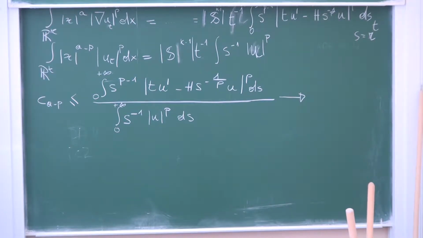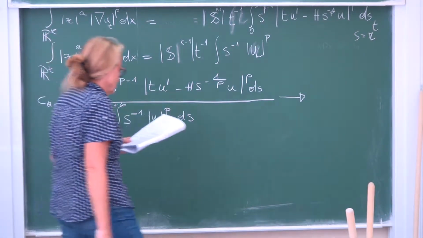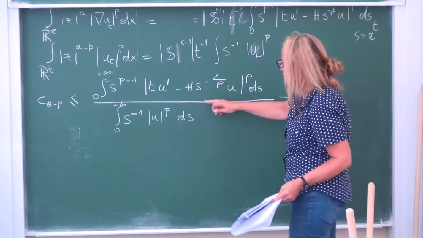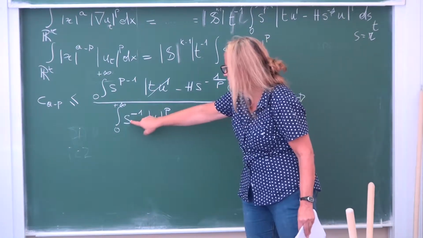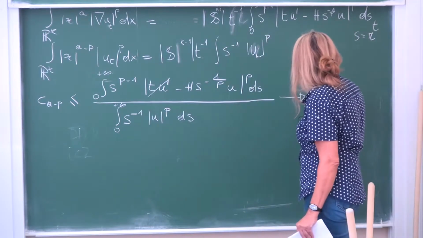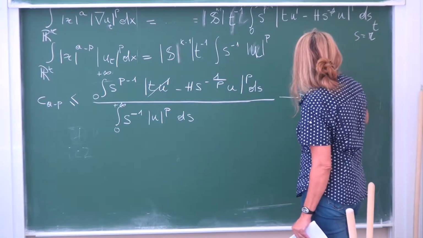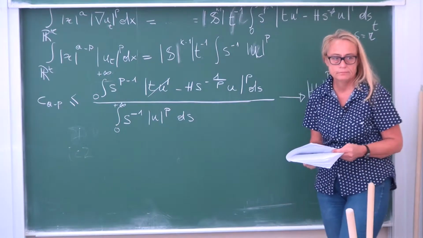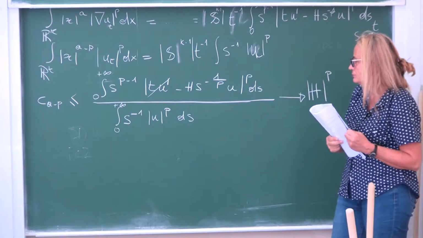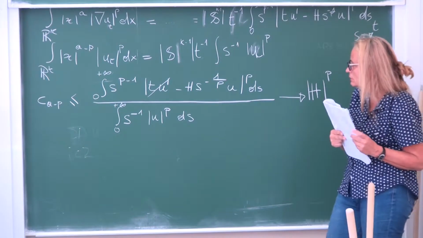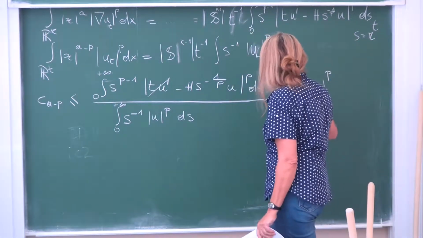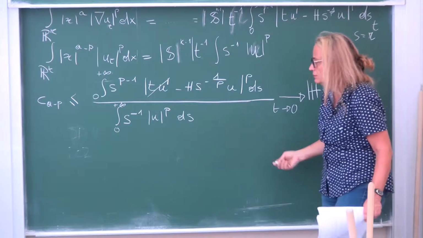It means that I'm concentrating, in some sense, u on the boundary of the unit sphere, and so this disappears, and this is something like that, up to h to the power p. Why does t u' disappear? Because t goes to 0, as I said.